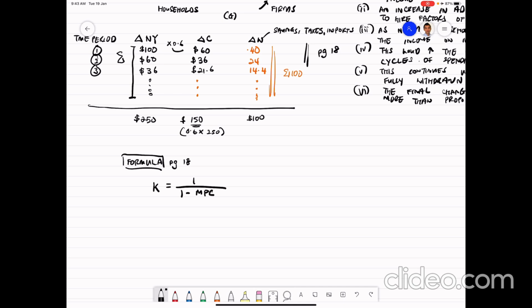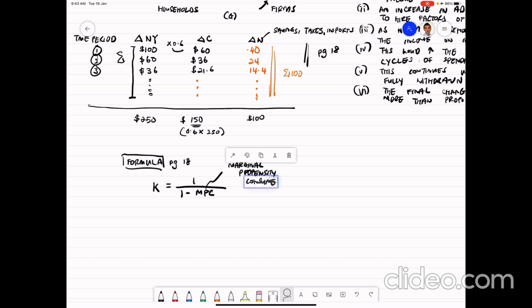MPC. Okay, MPC actually stands for marginal propensity to consume. The word marginal means on the last unit. Marginal increase means on that last unit. Propensity is a tendency, and consume just means consume.